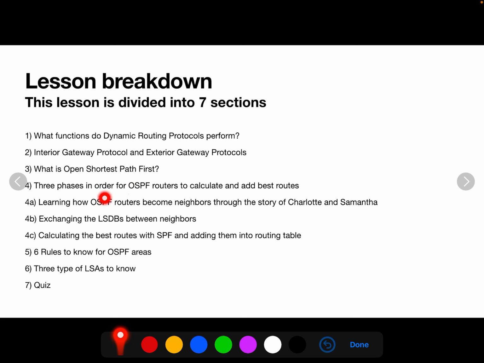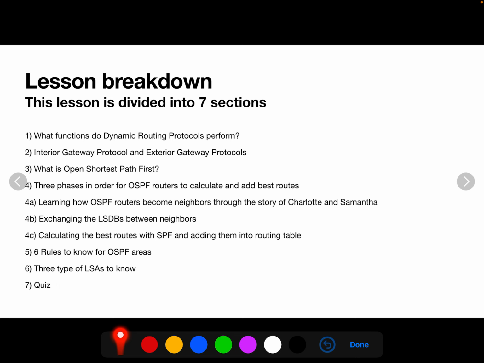Firstly, 4A is learning how OSPF routers become neighbors through the story of Charlotte and Samantha. 4B is exchanging the LSDBs between neighbors. And then 4C is calculating the best routes with SPF and adding them into the routing table. Number 5 is 6 rules to know for SPF areas. 6 is 3 types of LSAs we need to know about. And 7 is a quiz. So that's 7 sections there.